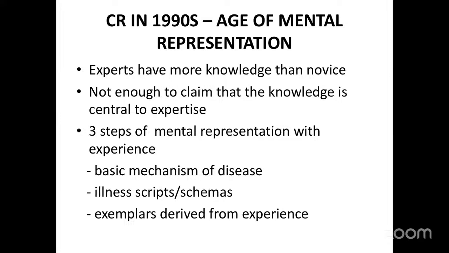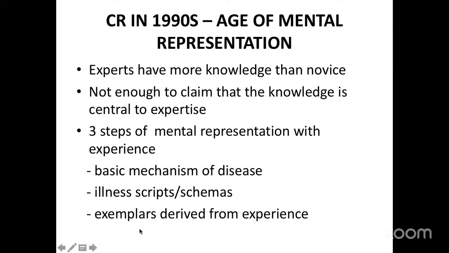In the 90s, that was when they began to have the age of mental representation. And three things came out. If you want to make decisions faster through a process, there are three steps of mental representation, much more of looking at the trend.